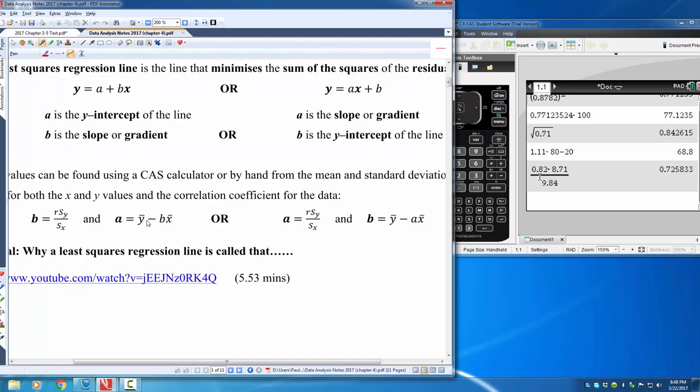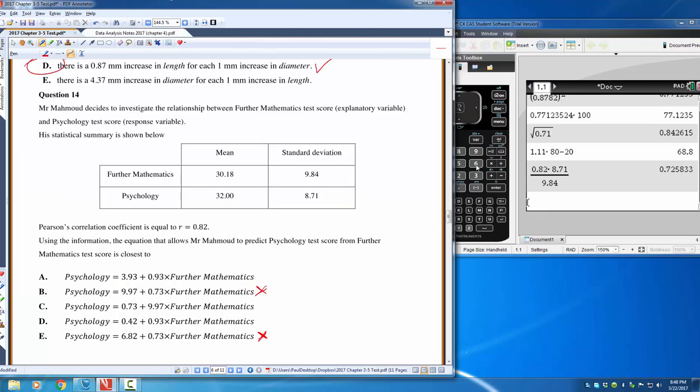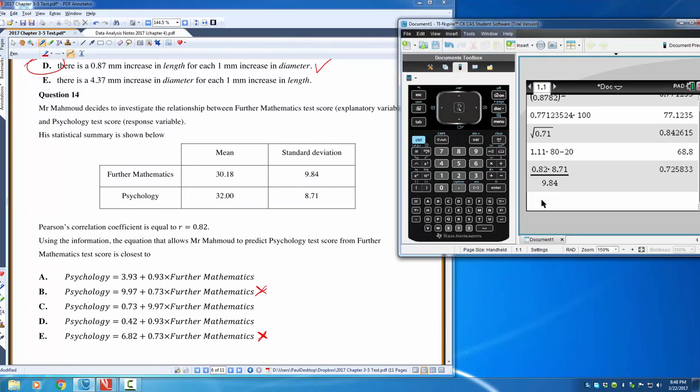I don't actually remember the formula all that well. So to calculate the a value, we're going to take the mean of the y values and subtract from it the gradient multiplied by the mean of the x values. Alright, so let's do that.